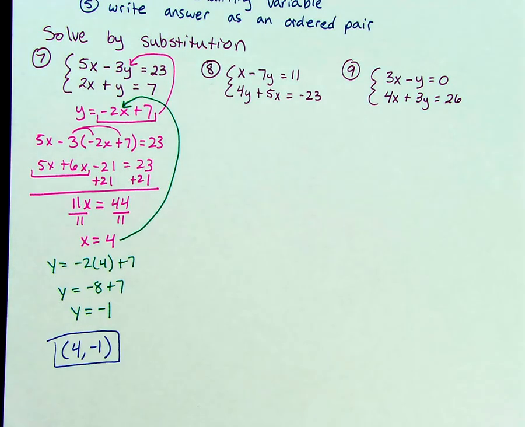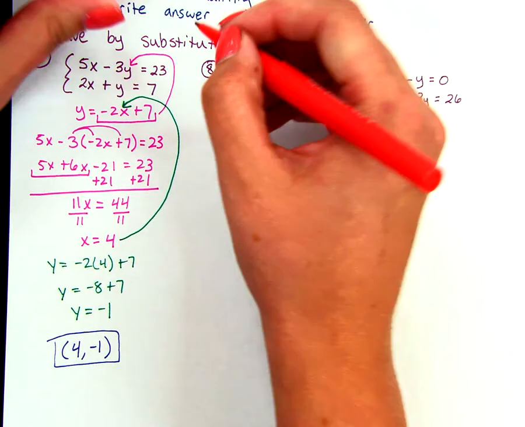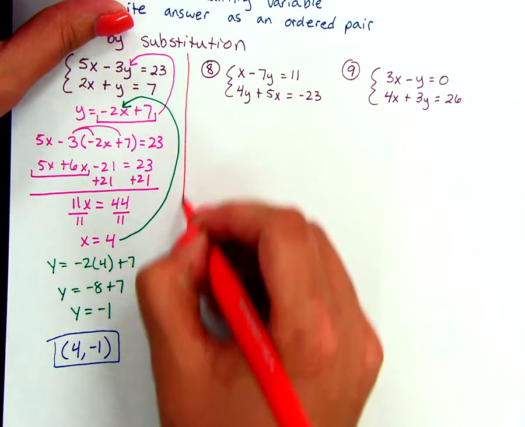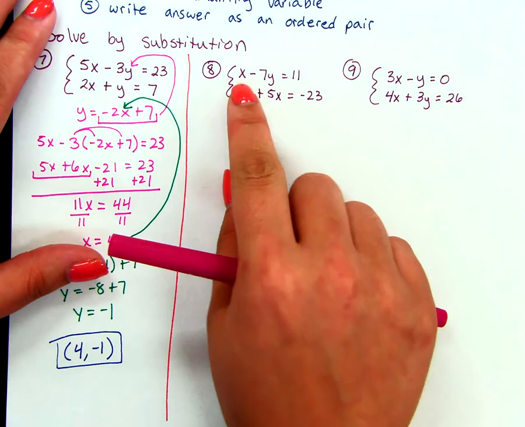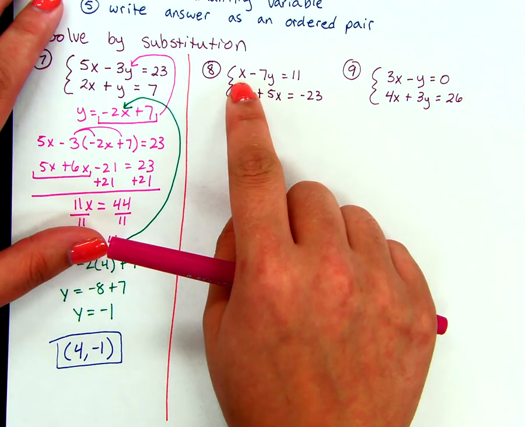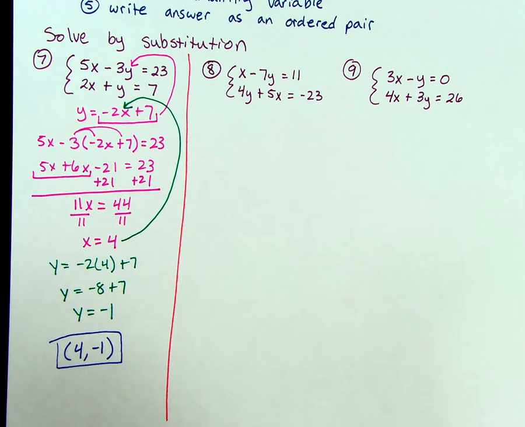All right, so if we take a look at our next one, I'm just going to draw a line to separate these a little bit. So if you take a look at number 8, again, we're just picking the variable that's easiest to solve for. So this time, it's going to be easiest to solve for x in our top equation. So I'm going to add the 7y to start with.